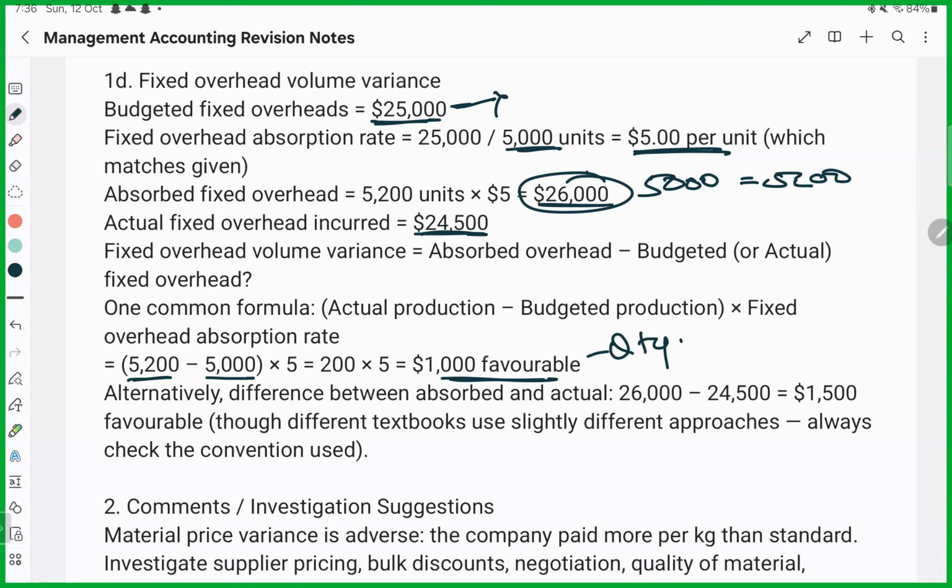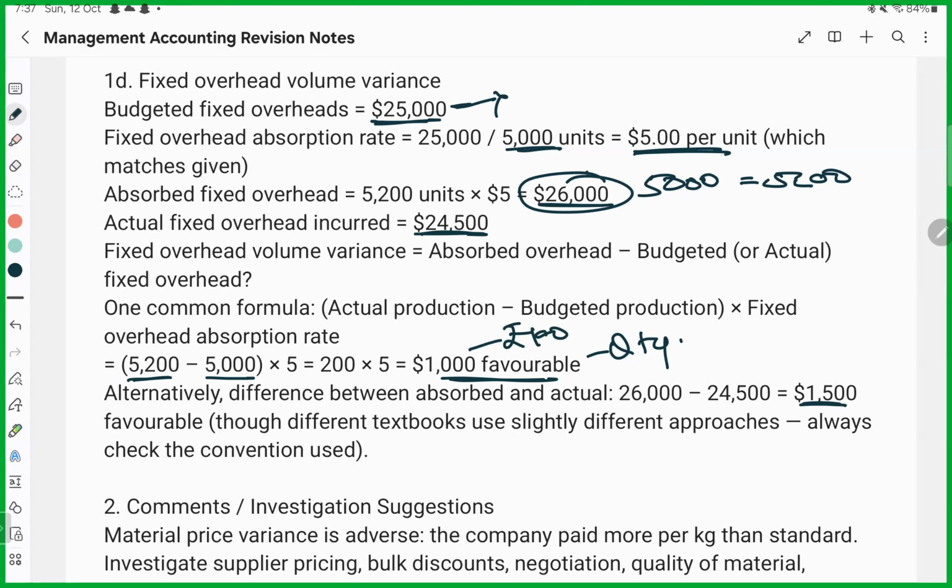Now, alternatively, the difference of this 1,500 is an additional favorable for me. In case of 5,000 units, I would have used fixed overheads of 25,000. But I ended up producing 5,200 units. Since I've produced 200 more units, those 200 units have given me a favorable of 1,000 rupees profit.